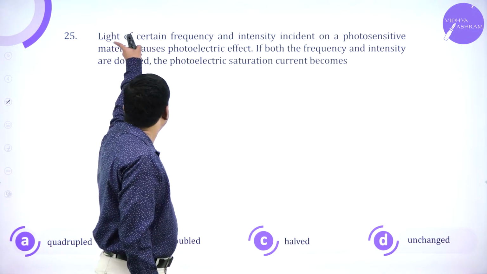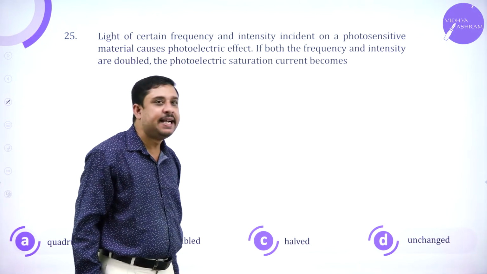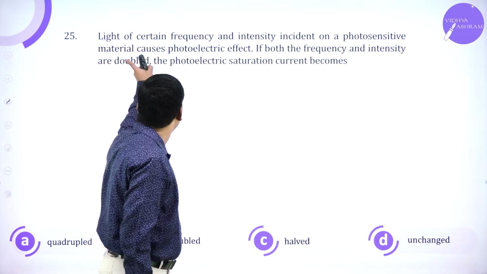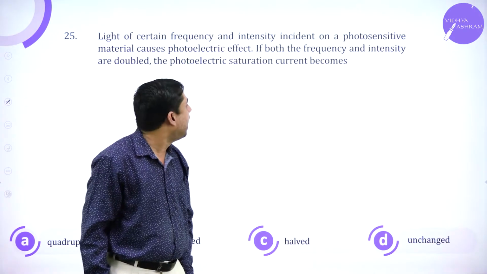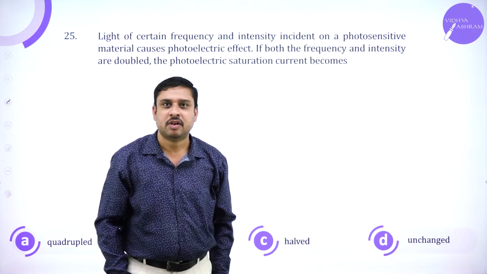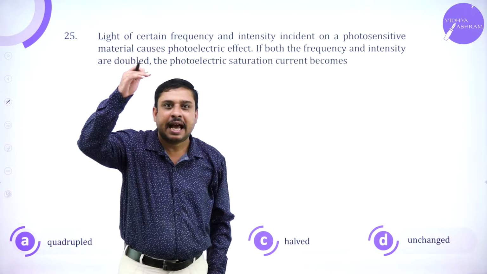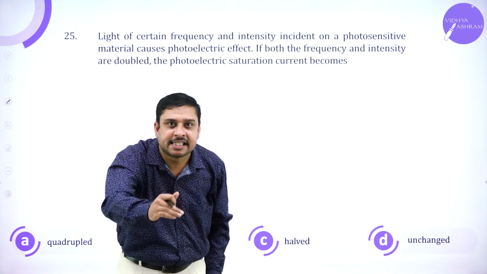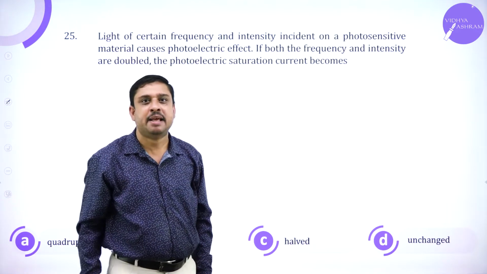Now, light of certain frequency and intensity is incident on a photosensitive material, causing photoelectric effect. There is a photosensitive material, light of some frequency and some intensity falls on the material, and photoelectrons are liberated.